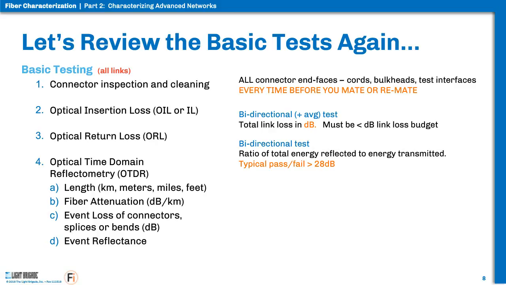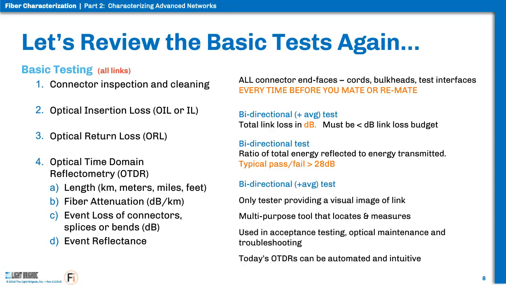In terms of OTDR testing, that's another very basic test. I refer to the OTDR as the Swiss Army knife of testers. It does so many different things. It's probably the most flexible and valuable test tool that you have, because it can do all of these different things: length, attenuation, event loss, event reflectance.